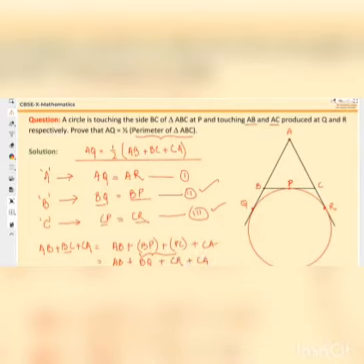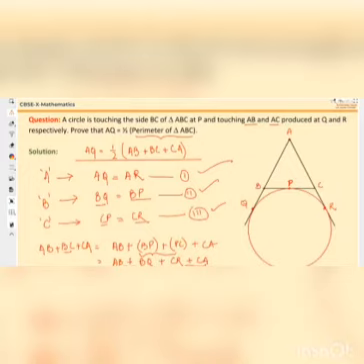Now you see, guys, CR plus CA will give me AR, and AB plus BQ will give me AQ. So from here I can write AQ plus AR. And now we know that AQ is equal to AR. So from here I can write 2 times AQ.